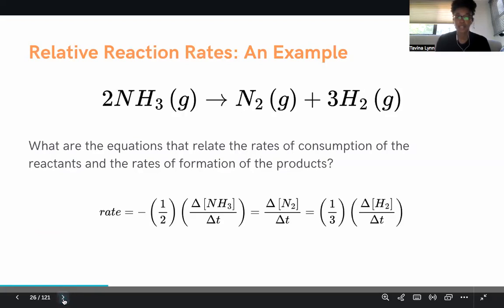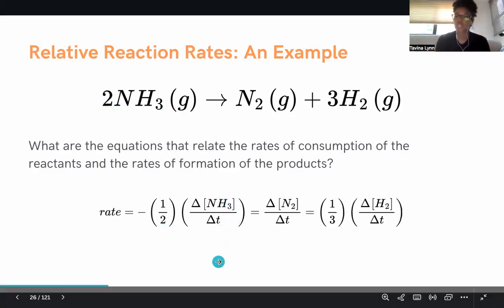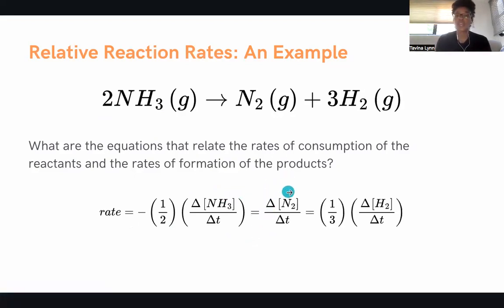So once you have written it, you should have the following, right? Rate is equal to -1/2 for our reactant, our molar coefficient is 2, times the change in concentration of our reactant over the change in time, which is equal to the change in N2 concentration over the change in time, and we have a molar coefficient of 1, equals 1/3, our molar coefficient in front of our hydrogen gas, times the change in hydrogen gas concentration over the change in time.